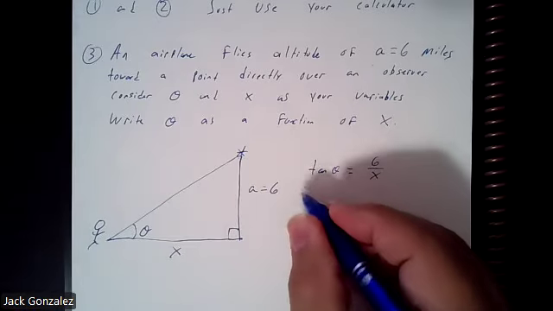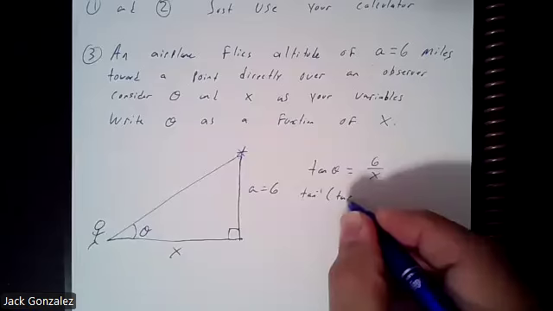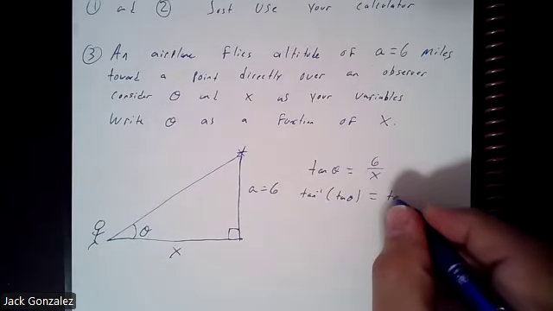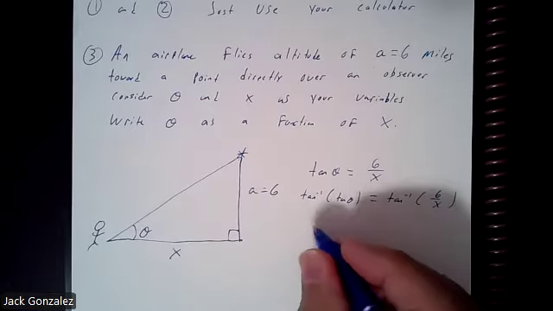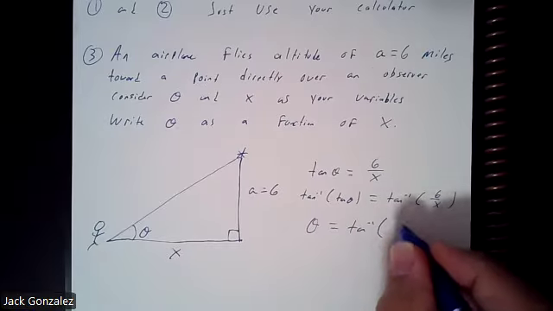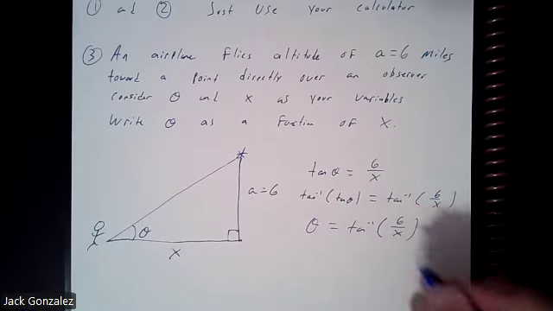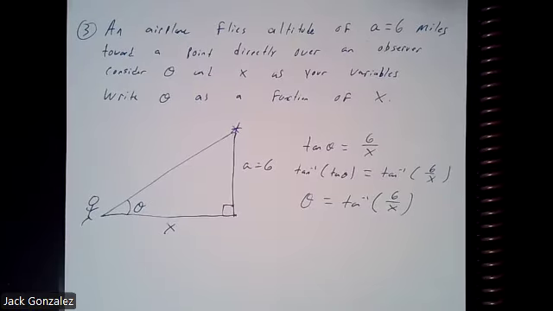But now if I were to do the inverse of both sides or use the definition, however you want to think about it, then I have a function of theta in terms of x. So this is what they want right here. Or arc sine. Okay.